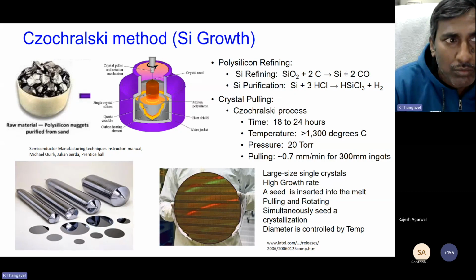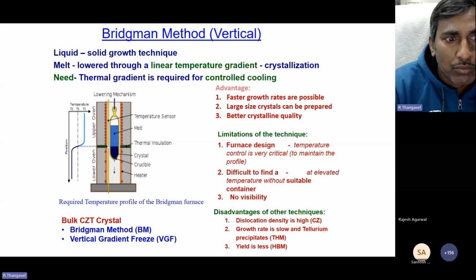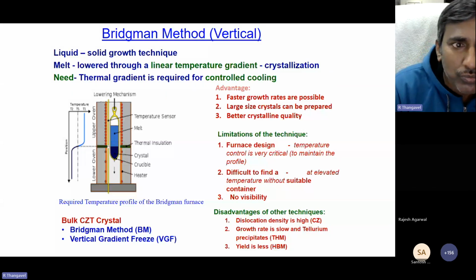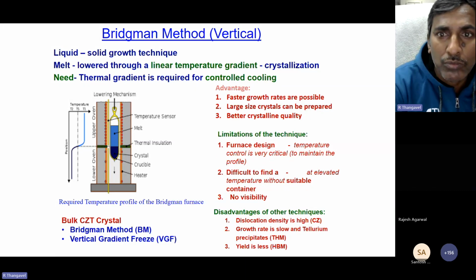Now come to the Bridgman growth. In the Bridgman growth, what happens? It is a liquid-solid growth technique. Here a melt has to be made, and the melt is lowered through a linear temperature gradient. The crystallization is occurring, with the temperature gradient.